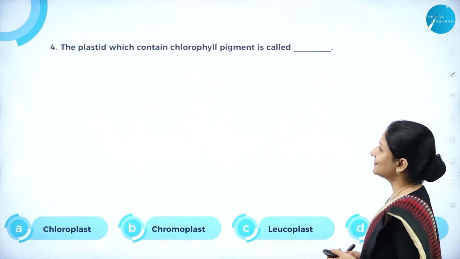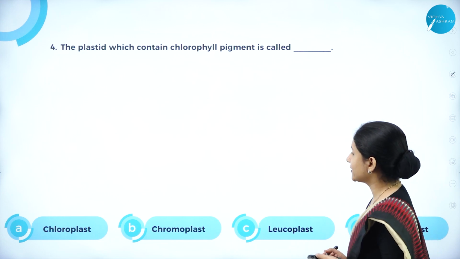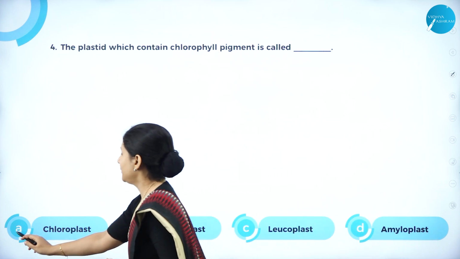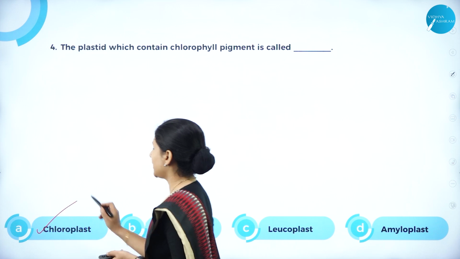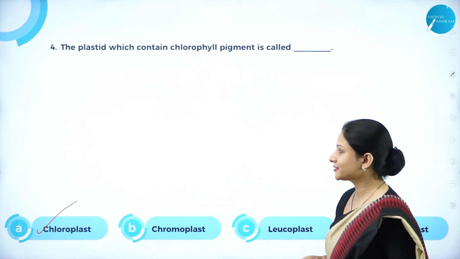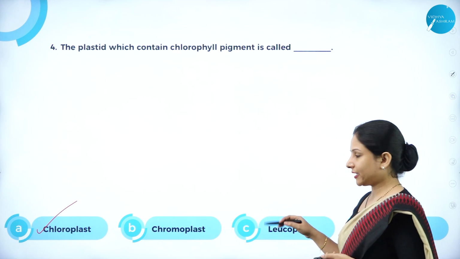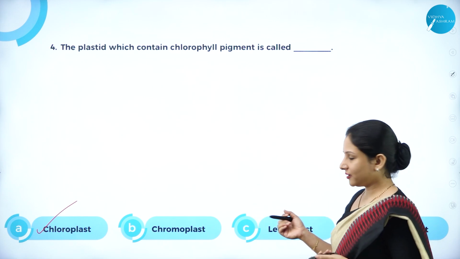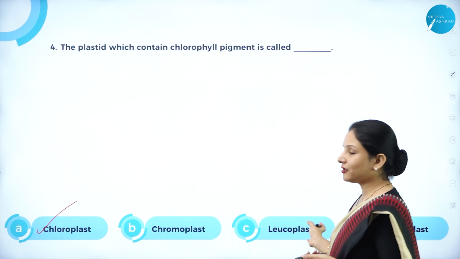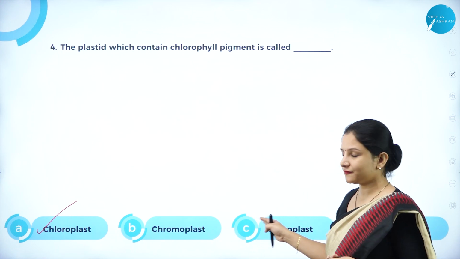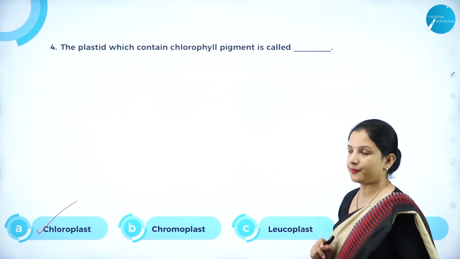Next question, the plastid which contains chlorophyll pigment is called chloroplast. So option A, chloroplast. It's not chromoplast. Chromoplasts contain carotene, xanthophyll, all that. And the leucoplasts are colorless. Amyloplasts come under leucoplast itself. So therefore, the right answer here is chloroplast.